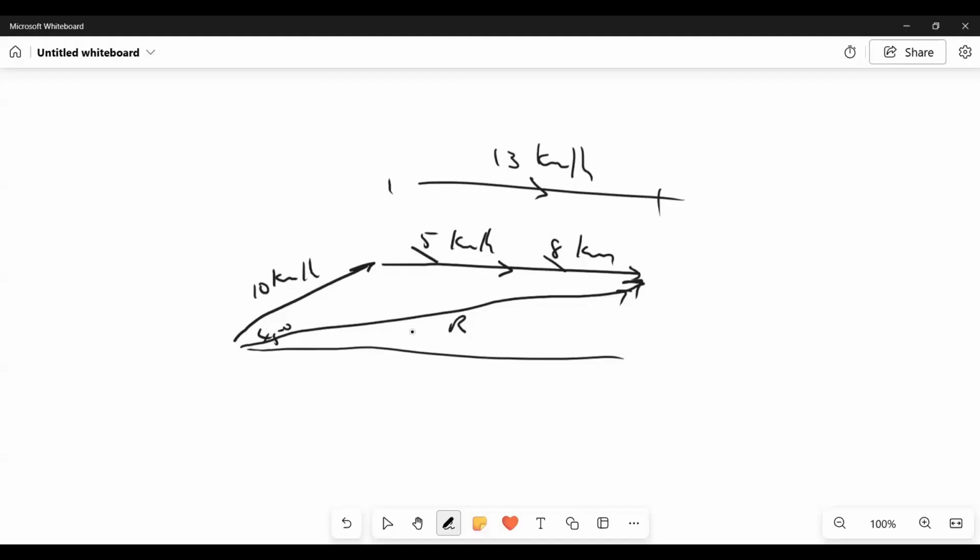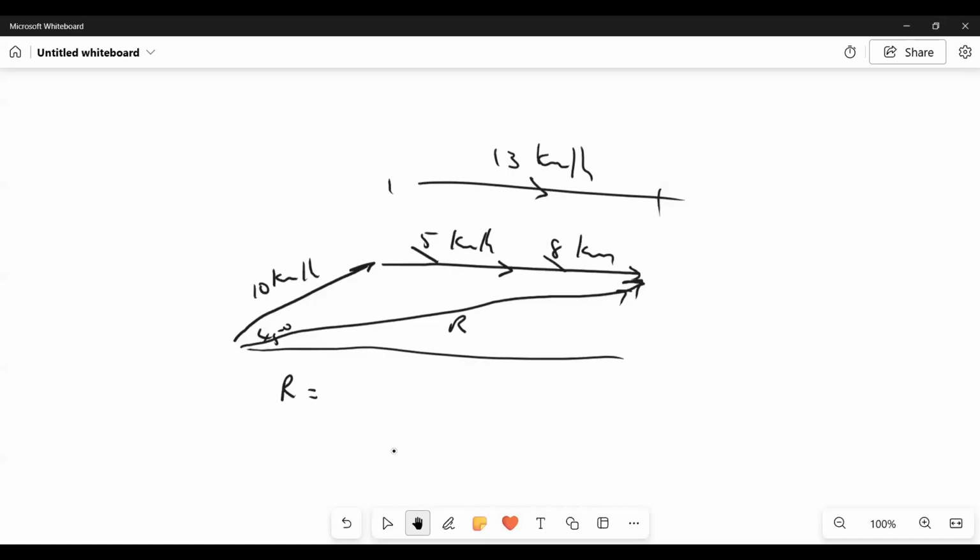So your resultant is going to be what? R is going to be equal to, well, now what is going to happen here is, if you have to find R, you would have to use something called the cosine rule. Anybody knows the cosine rule?